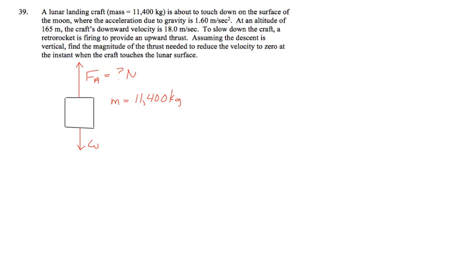I want it to slow down. So if I know the mass, I can calculate the weight, so I can get that number. But first, if we write our descriptive equation, we get the sum of the forces. And again, I don't have to write x and y because it's only one direction, but if you want to write sum of the forces in the y, you can, because it is the vertical direction. Now I can call either direction my positive direction.